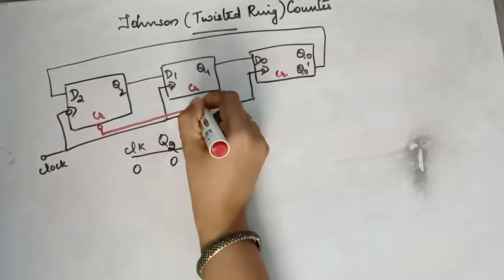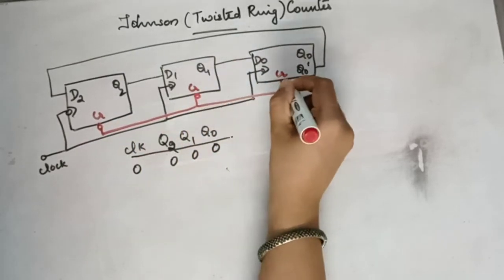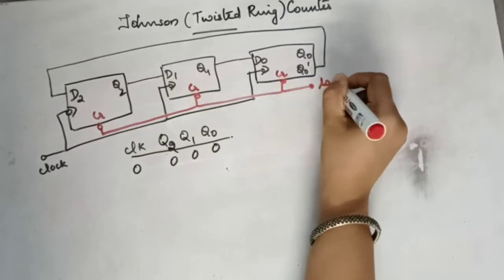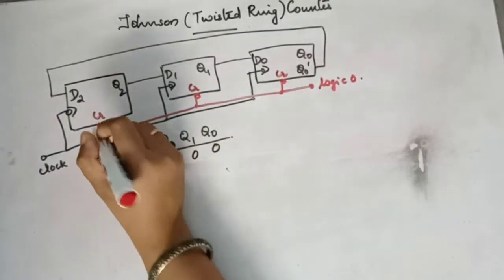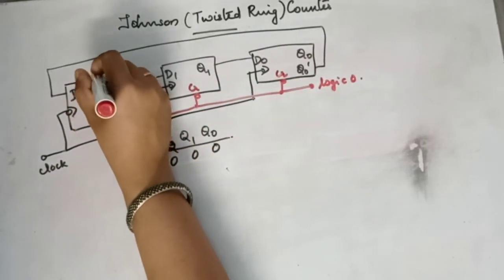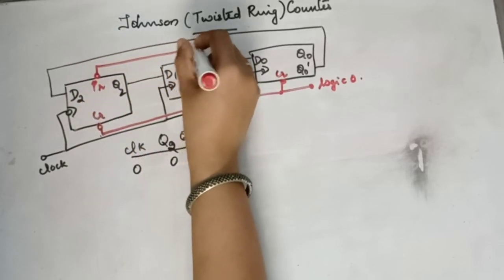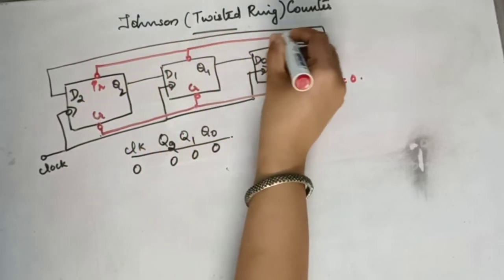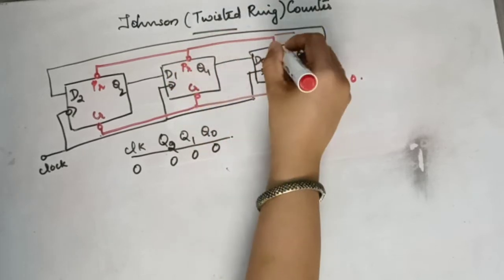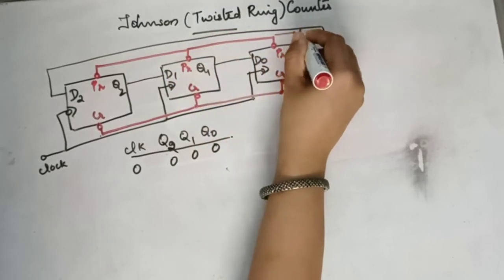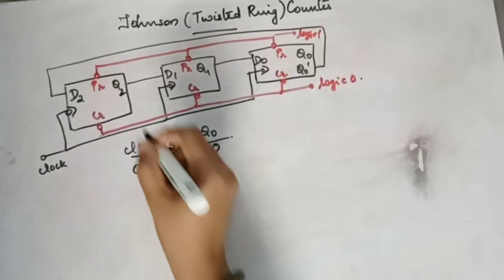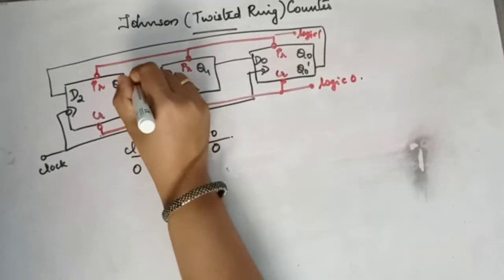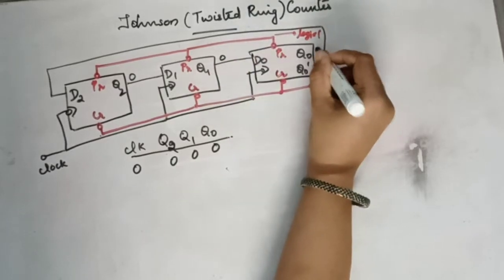So all the clear you are giving to logic 0. And all the preset you are giving to logic 1. Okay. So initial state will be 0 0 0.